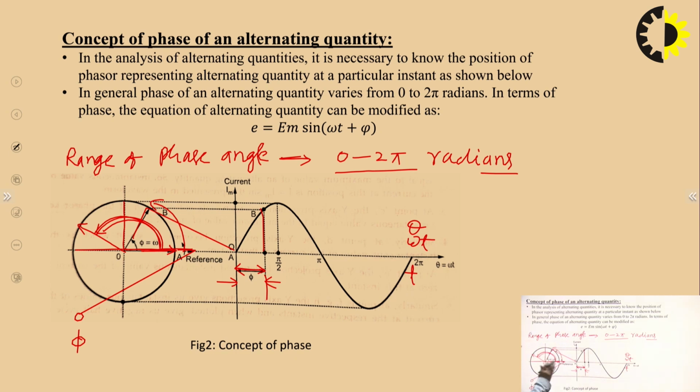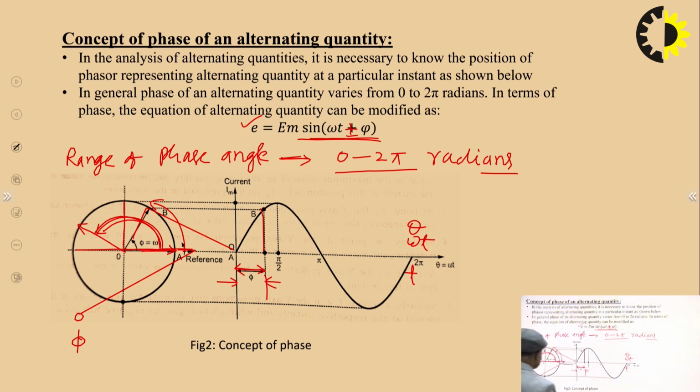It is fixed at a particular instant, but when the time varies, it changes. The general equation of an AC quantity is noted like this: its peak value times sine of omega t plus or minus phi. The phase angle may be positive or negative.